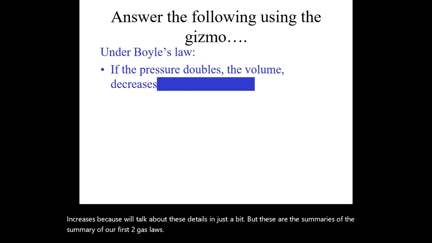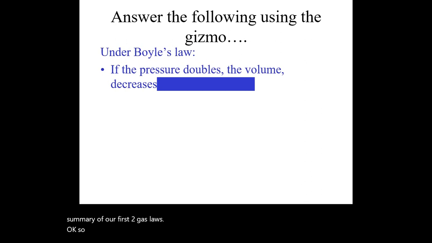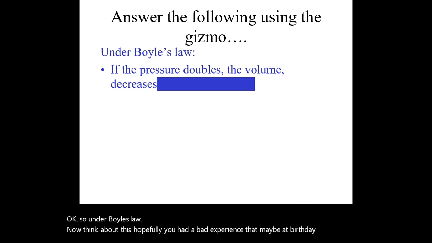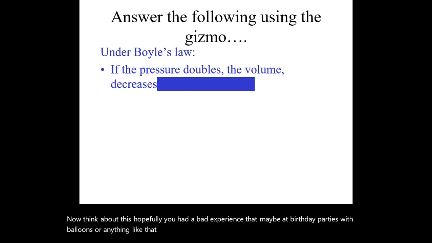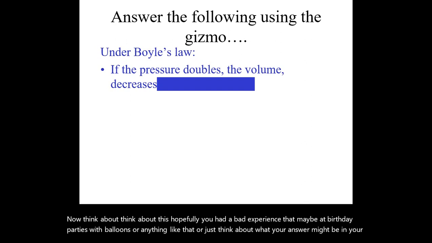Under Boyle's law, now think about this. Hopefully you've had experience with balloons at birthday parties, or just think about what your answer might be in your head. Try to answer these questions before the answer is revealed.